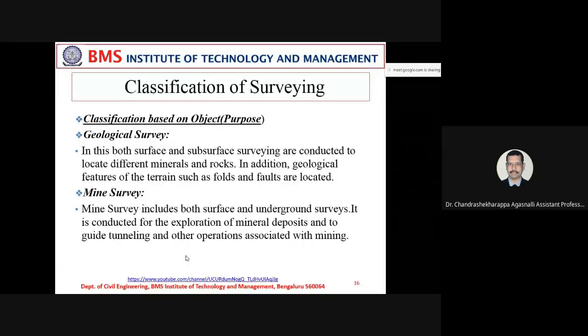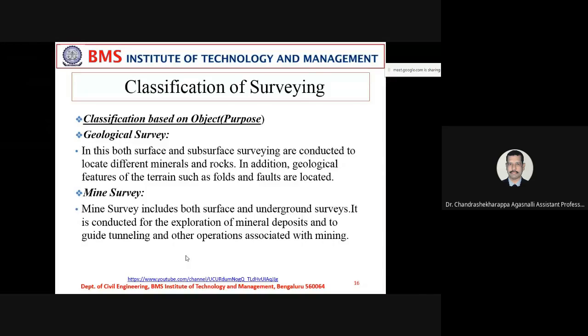In addition to that, geological features of the terrain, such as folds, faults, joints, and unconformities. These are all geological structures which you are going to map, either on the surface or in the subsurface. This is the geological survey point of view.